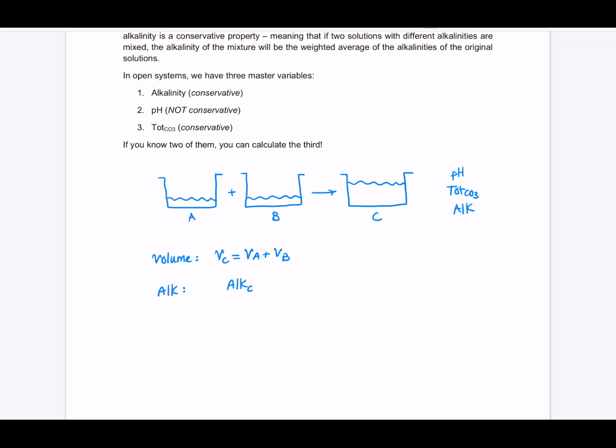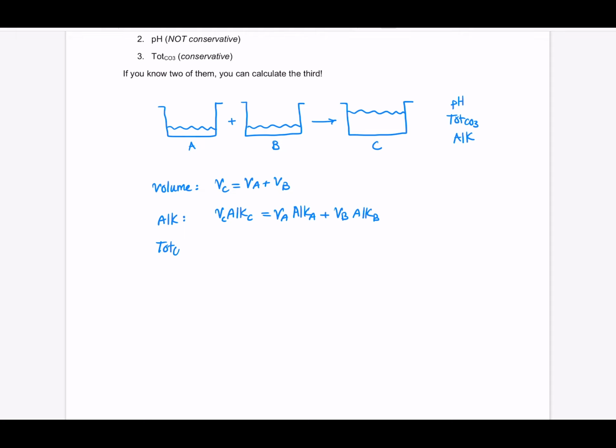What about the alkalinity? Is it also a combination of the two? It's a weighted average. So this means Vc times alkalinity of C is equal to Va times alkalinity of A, plus Vb times alkalinity of B.